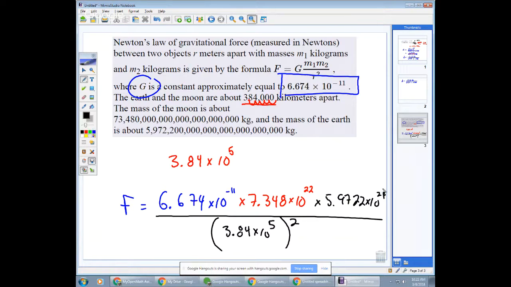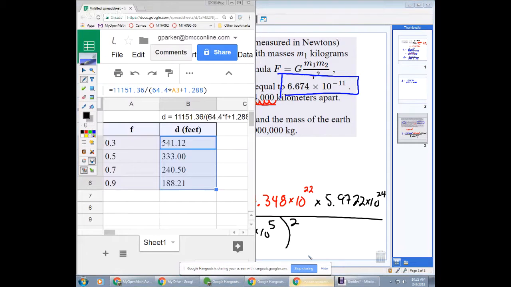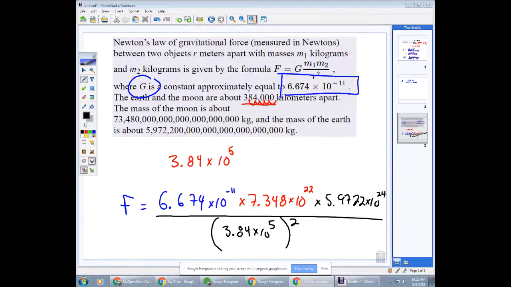Sorry, I'm a little messy there. I'm trying to type this into a spreadsheet.